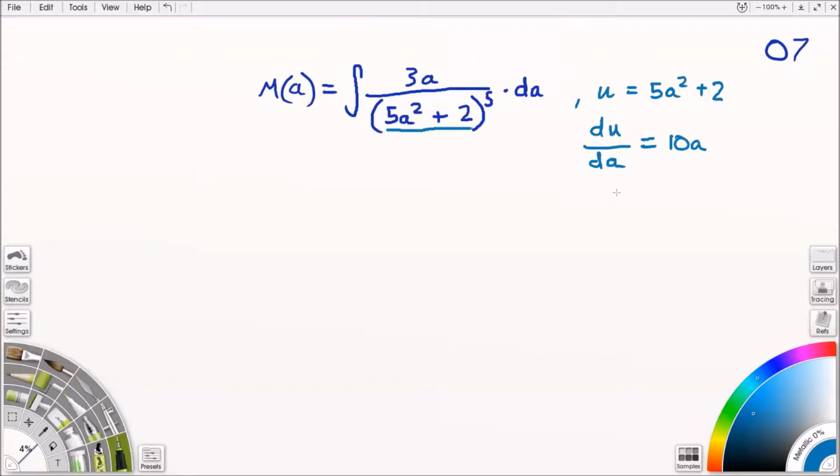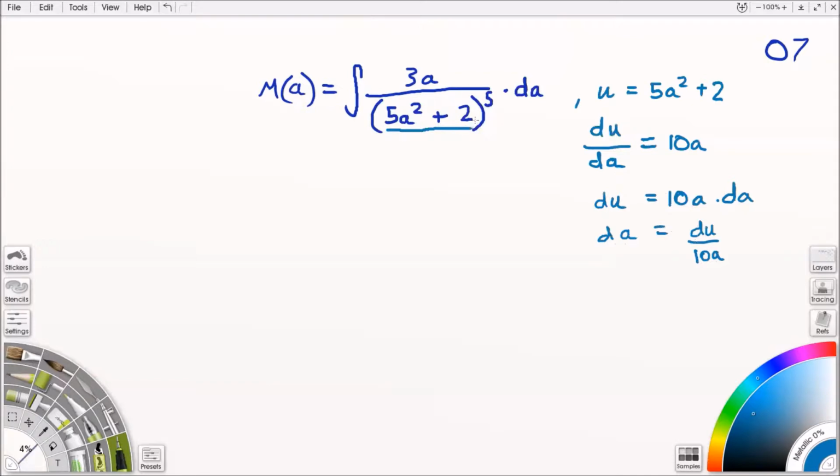Now we can say that du is equal to 10a dA, and dA is equal to du over 10a.